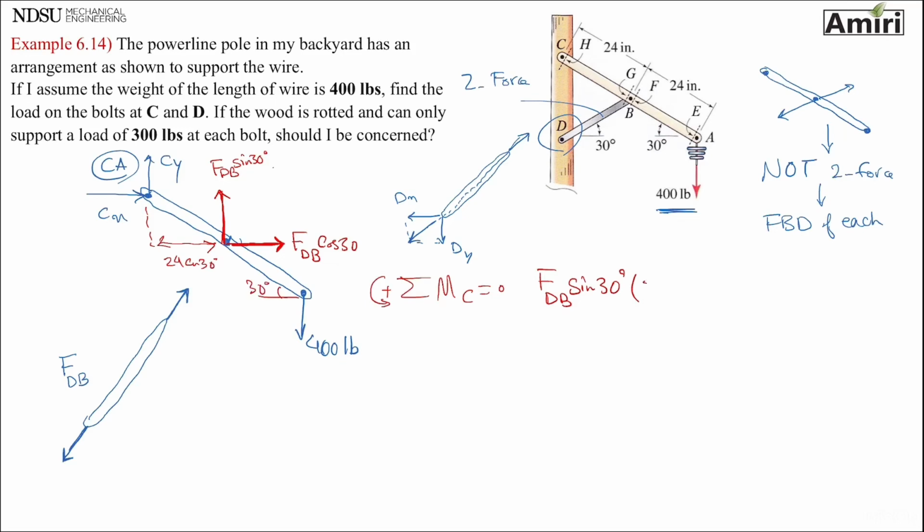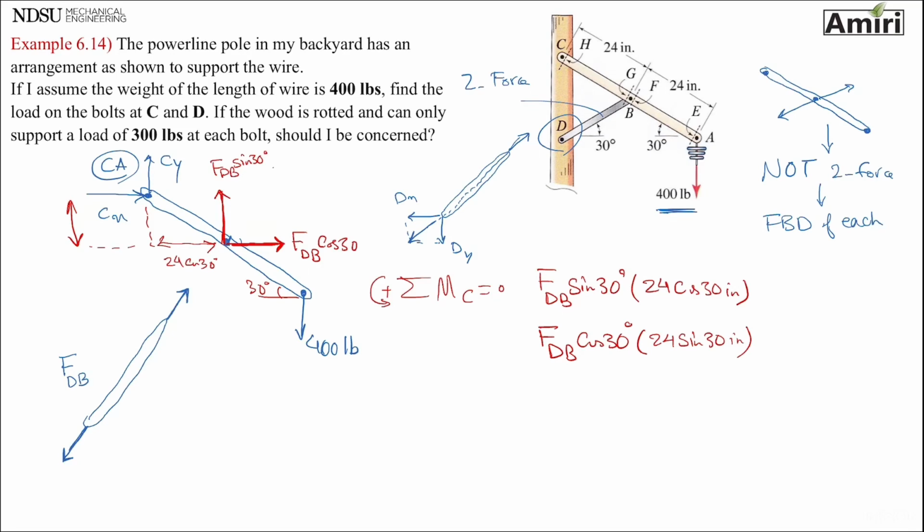So 24 cosine 30 inches. And then I have another force of F_DB cosine 30 at a distance of, now I'm looking at this distance, 24 sine 30 inches.